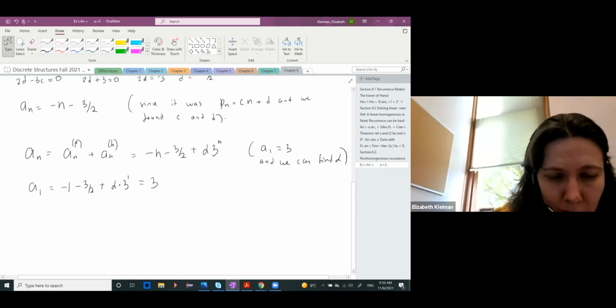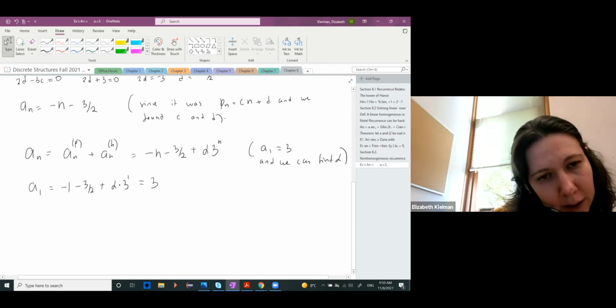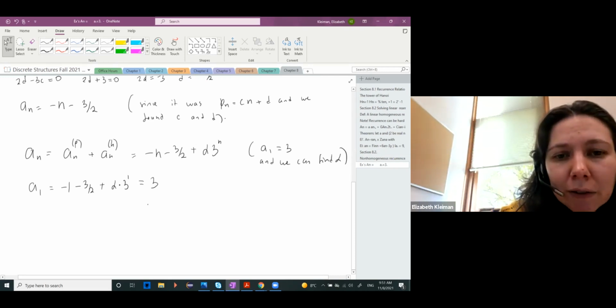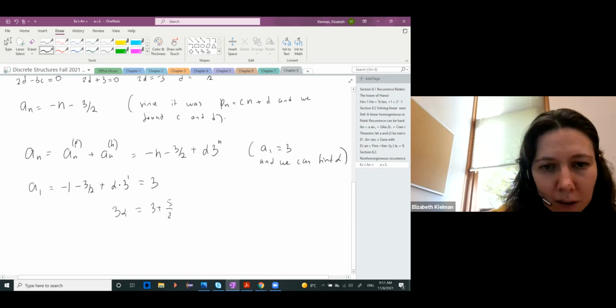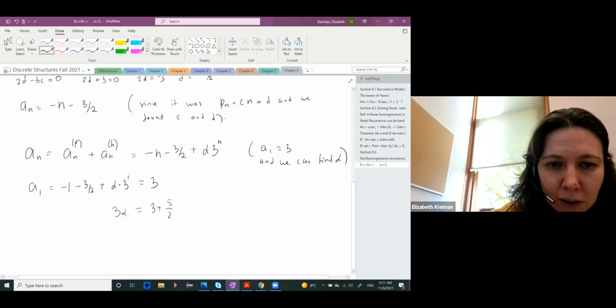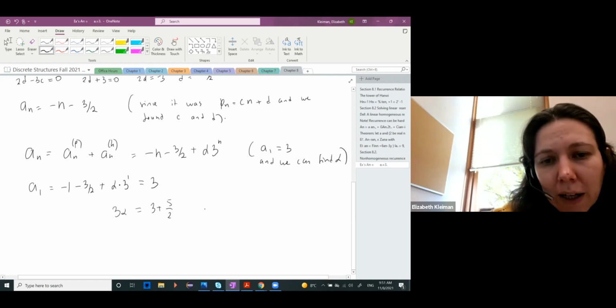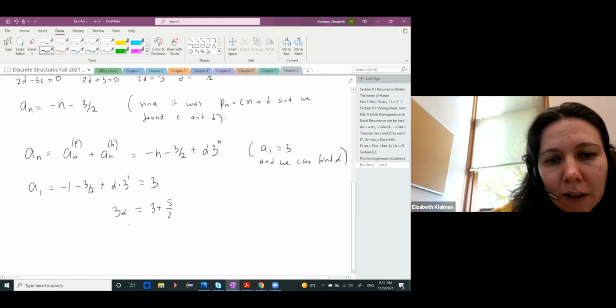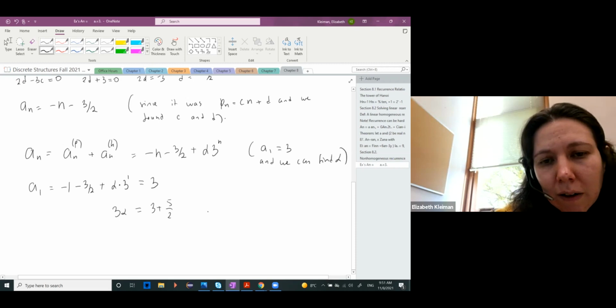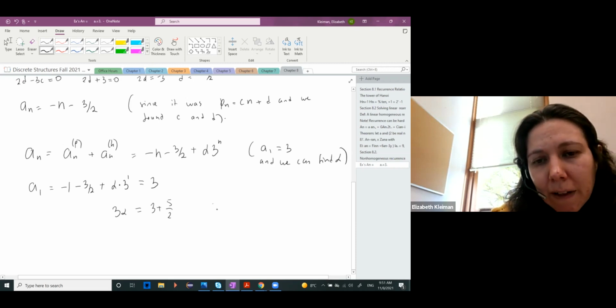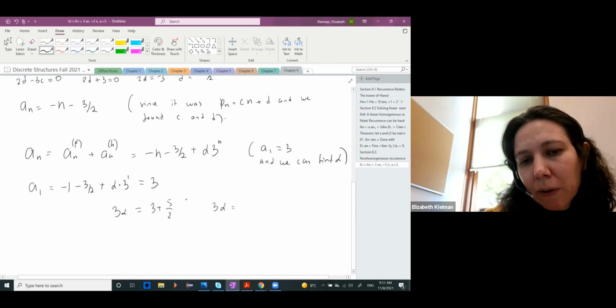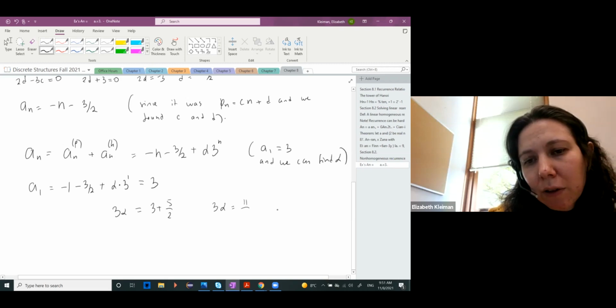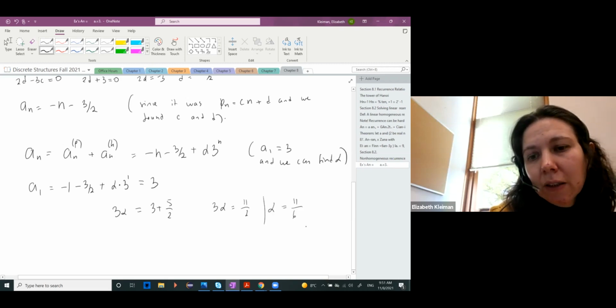So now we have negative 5 over 2, positive 5 over 2, 3 alpha. So now we have 3 alpha is equal to 11 over 2. Alpha is equal to 11 over 6.